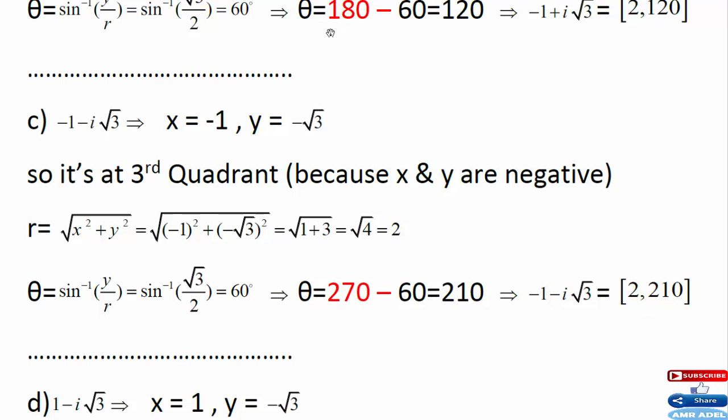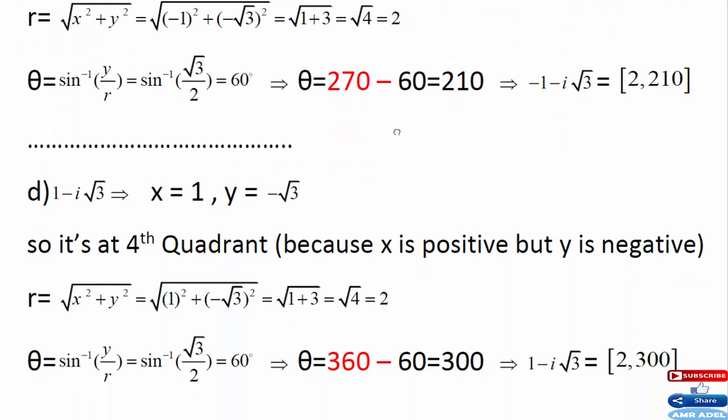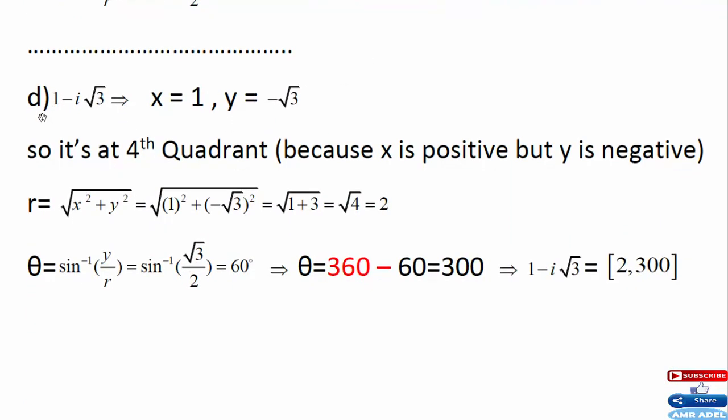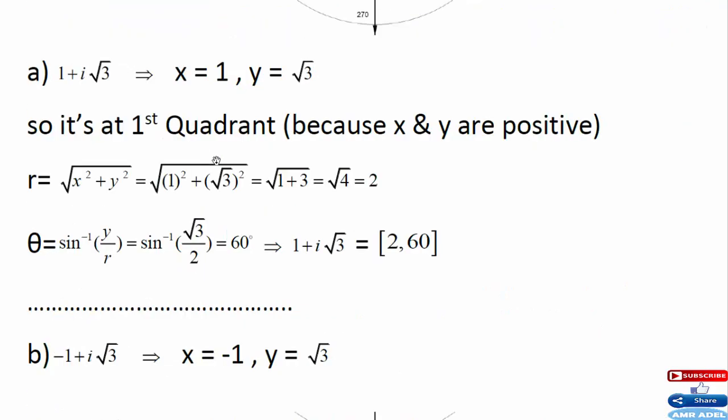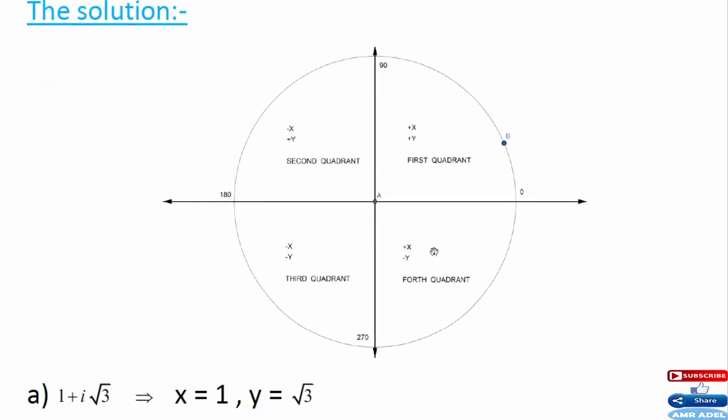Focus on these red rules. Okay, let's go with the fourth case, when x is positive but y is negative, which is in the fourth quadrant. Back to our circle, x is positive but y is negative, which is where? In the fourth quadrant. By the way, you have to put this circle inside your mind. It should be memorized.